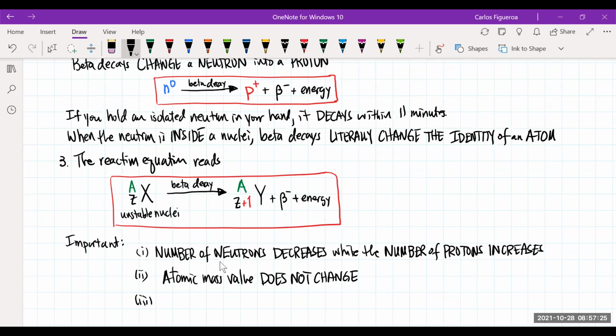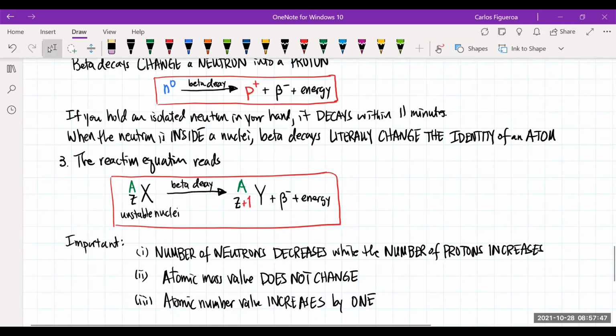However, the atomic number value increases by 1. And that's the important piece about this.